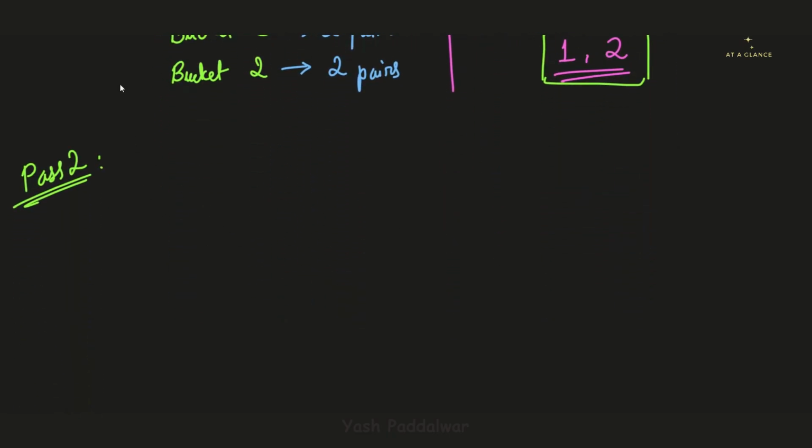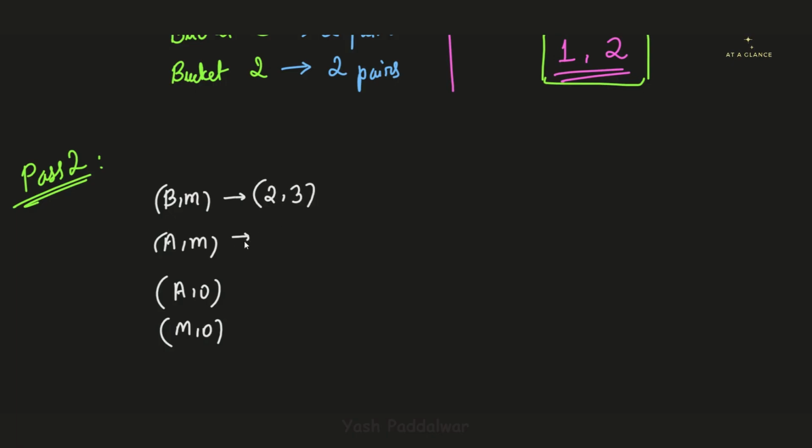So let's write BM, then we have AM, then AO, and lastly MO. Now we will write the number representation of all these. So BM is 2, 3, AM is 1, 3. Similarly, we have AO as 1, 4, and we have MO as 3, 4.